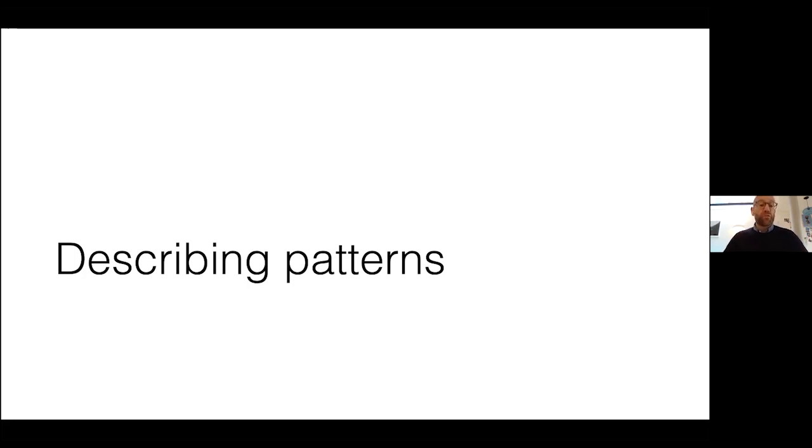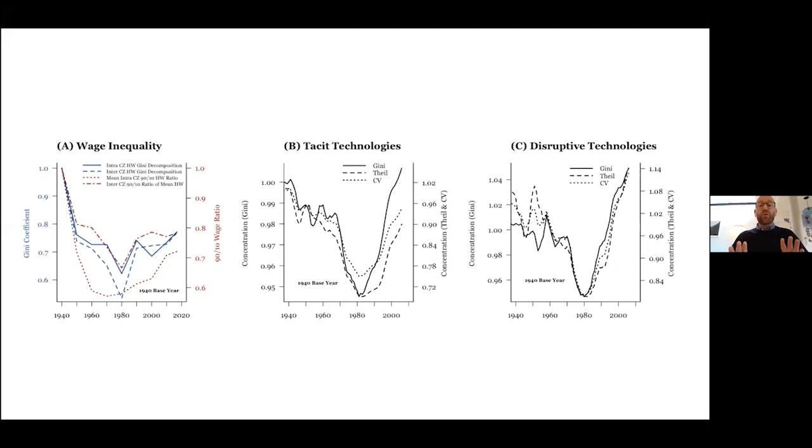What we want to do now is take this back to the original stylized fact, and we expect to observe certain kinds of patterns in the evolution of tacitness and disruptiveness. What we see, and to be fair, this was a bit of a surprise for us, is patterns in tacitness and patterns in the geography of disruptiveness that very closely mirror the patterns of wage inequality that I started with.